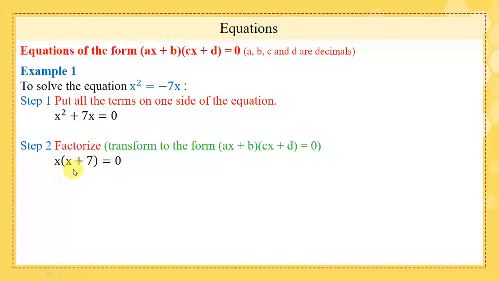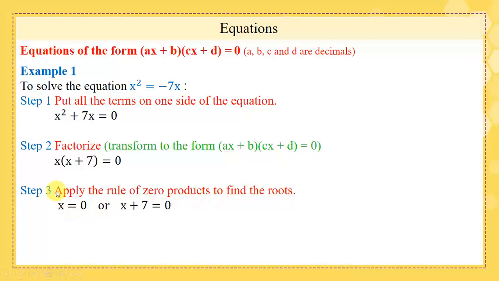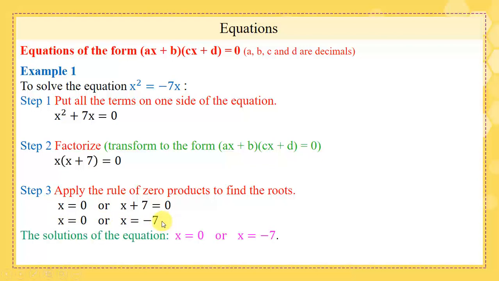Now we have a product of two factors, so in step 3 we apply the rule of zero products to find the roots. x = 0 or x + 7 = 0, so x = 0 or x = -7. Then the solutions of the equation are x = 0 or x = -7.